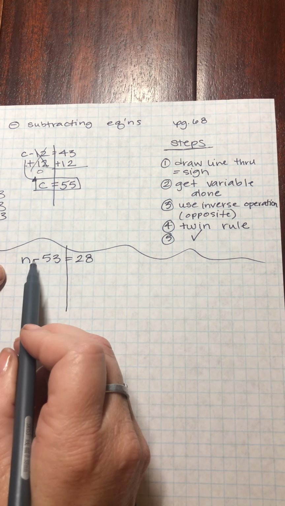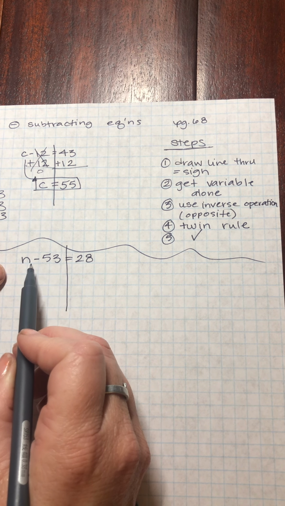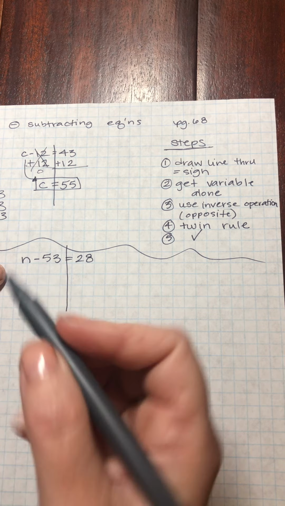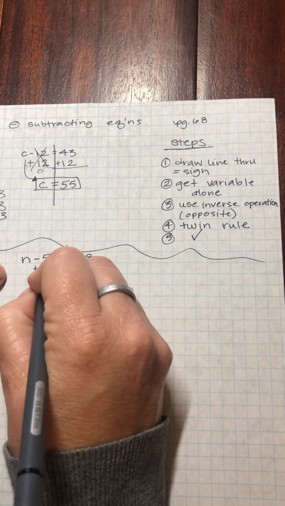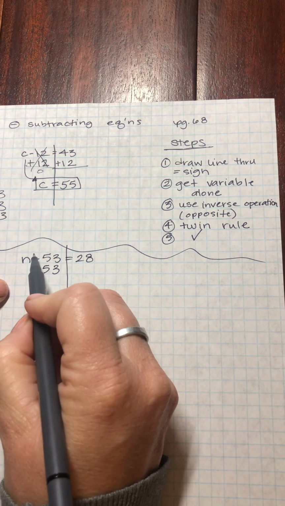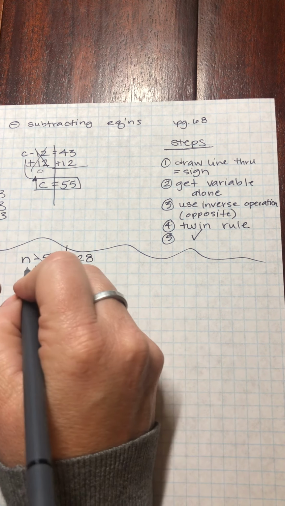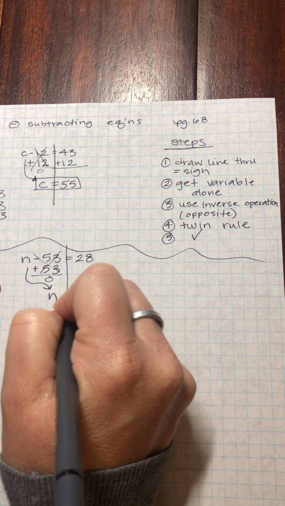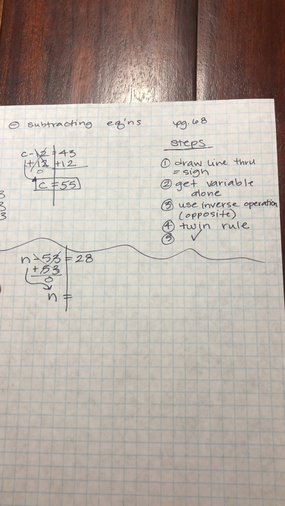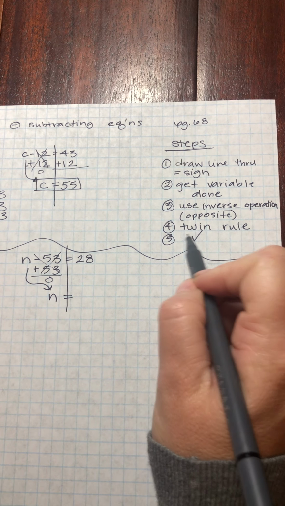So I see negative or minus 53. So the opposite of that is plus 53. So when you have opposites, they're always equal to 0. They fall out. So now on the left, we just have an n equals. And then on the right, we're going to remember that twin rule.